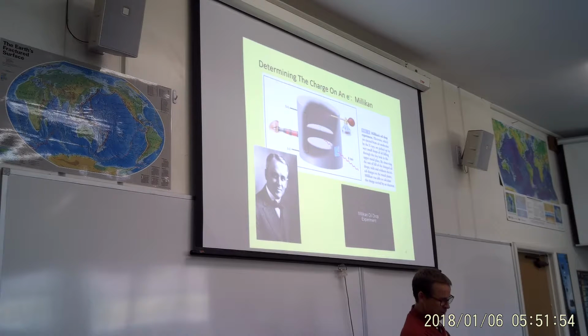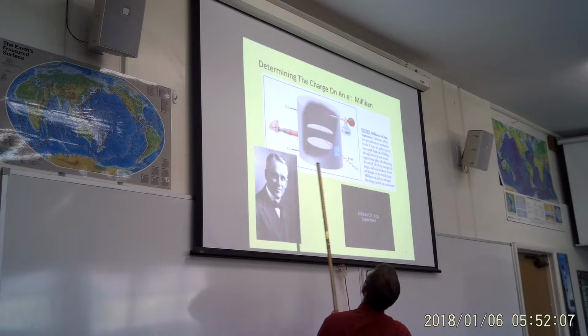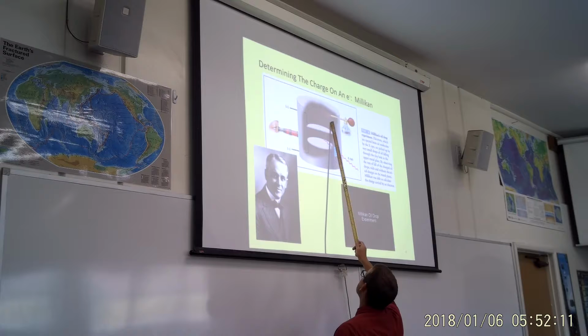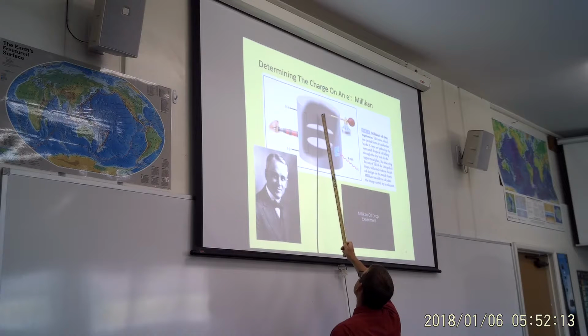There's this other experiment, which is kind of interesting, and I don't know why it found its way here. It's interesting, but not terribly interesting, but clever. This gentleman, Robert Millikan, produced a spray of really fine mist, like from a perfume bottle, really fine mist of oil. And he had two plates, and the top plate had a hole in it.